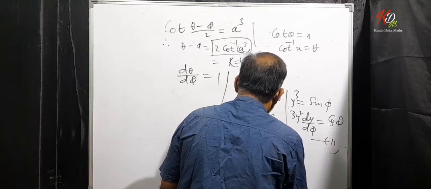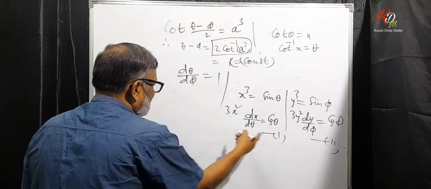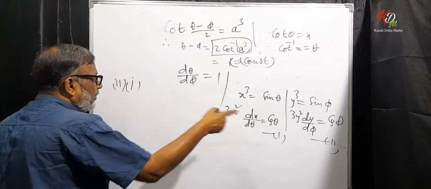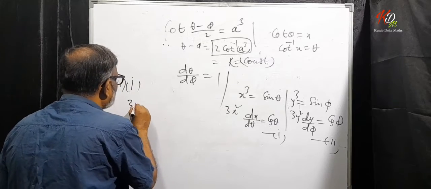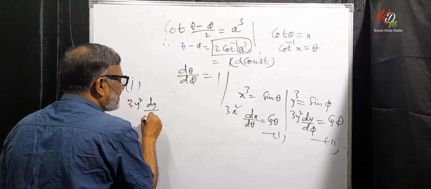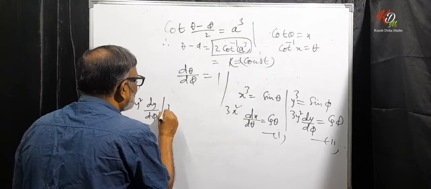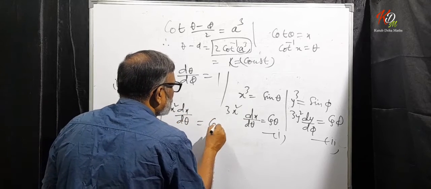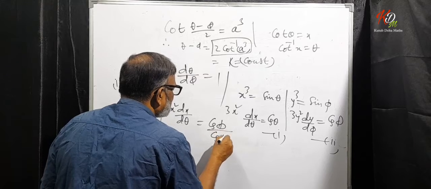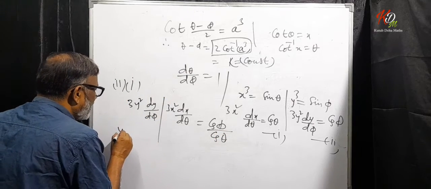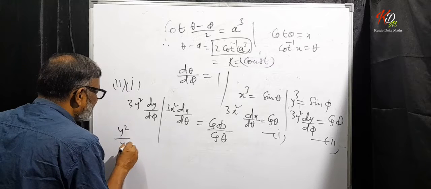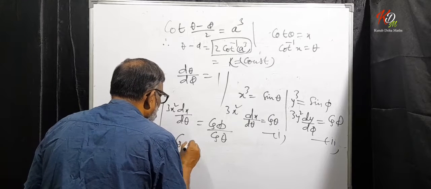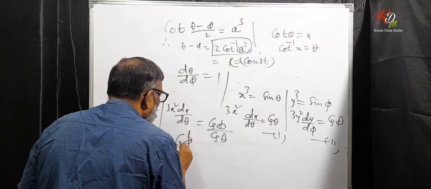Now dividing 2 by 1, we have 3y square dy/d phi by 3x square dx/d theta equal to cos phi by cos theta. Now y square by x square dy/dx equal to cos phi by cos theta.